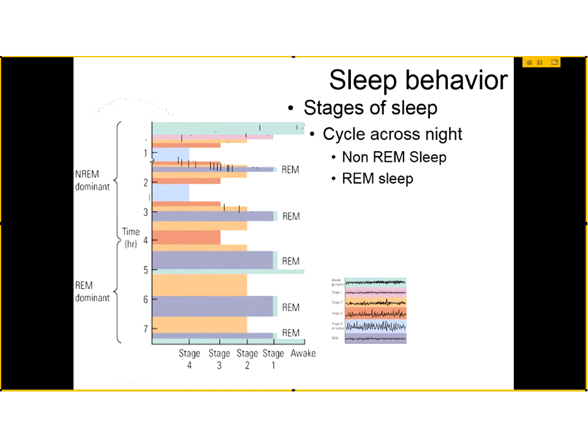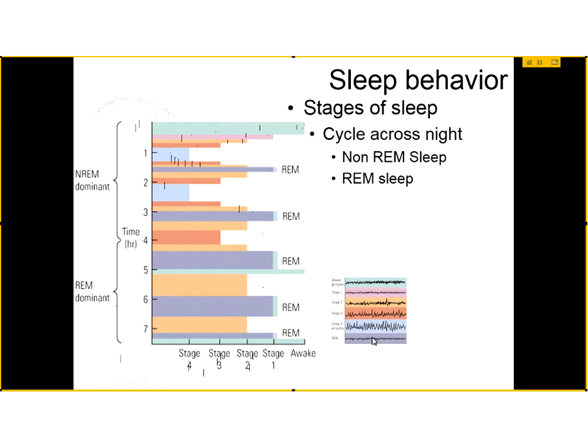So on the y-axis, we have time of the night. So you go to bed and you'll sleep for approximately 8 hours. And as we progress across the night, what we see is that we cycle through these periods of sleep. So here on the x-axis is stage 4, stage 3, stage 2, stage 1, and awake.